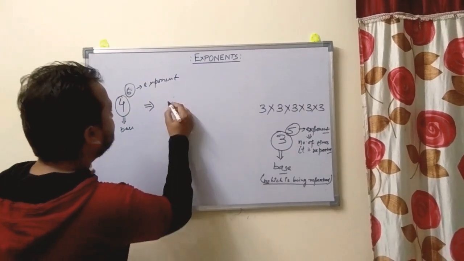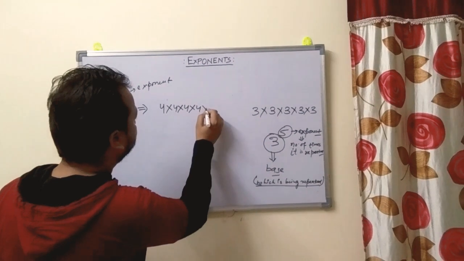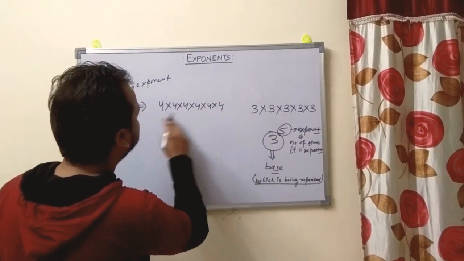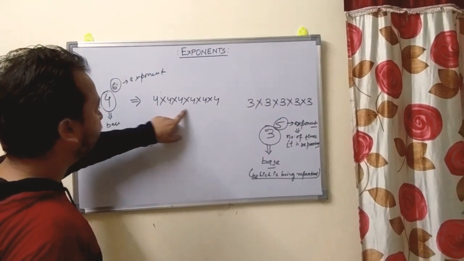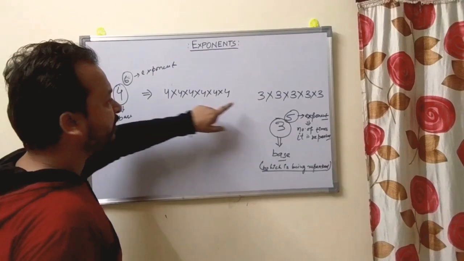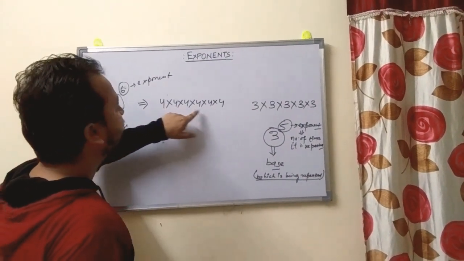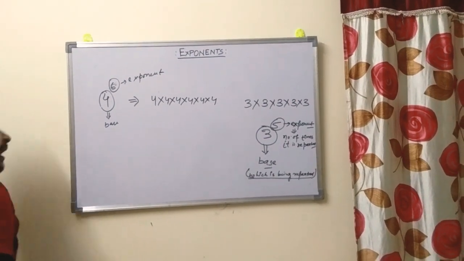If we expand it, it is written as 4 into 4 into 4 into 4, 1, 2, 3, 4, 5, 6, right? So this is the base which is being repeated, and 6 is the number of times, means it is written 6 times, right? So this is the exponent.